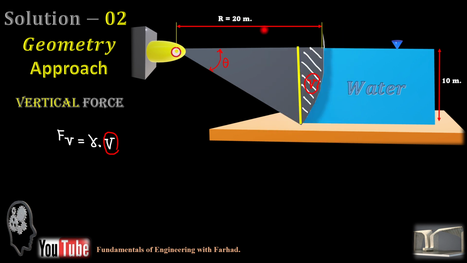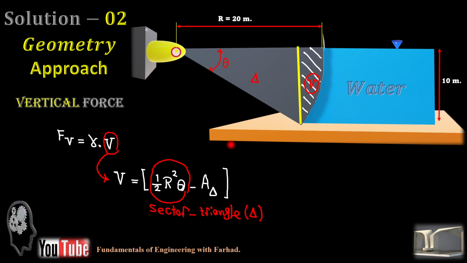It's simple. If you consider the sector area minus this triangle, you are easily left with this part, which is our desired volume. So F sub V is gamma of water times volume, and our volume is simply the area of our sector, which is the total area, minus the area of the triangle.